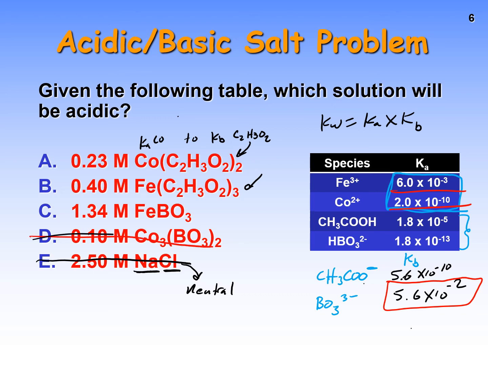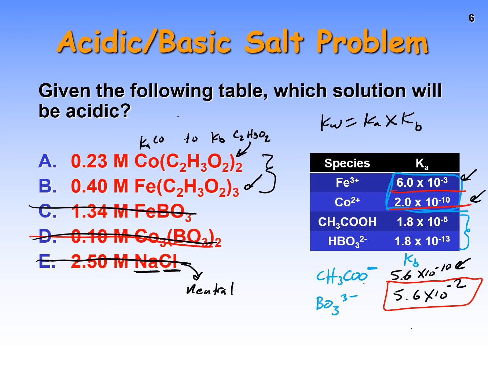They're both not the correct answer because both of them are going to be basic salts, meaning they'd make a basic solution. Really now it's down between these two, and we have to look at, okay, this guy compared to these two. Which one is going to give me an acidic solution?